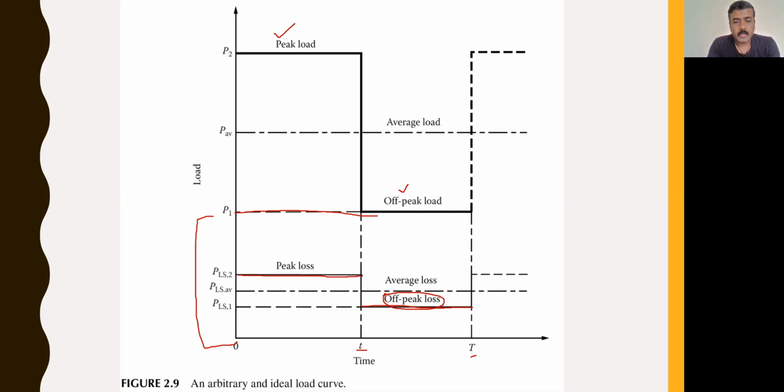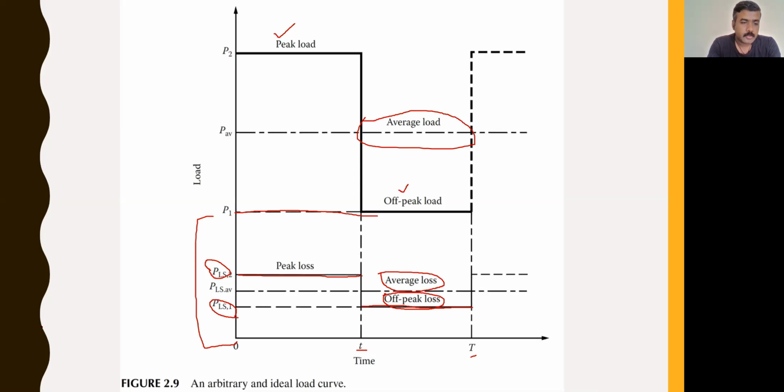Here the loss at off peak load P1 we consider as PLS1, that is the loss at off peak load, and the loss at peak load is PLS2, at peak load P2. For these two considerations, P1 and P2, you get the average load, and between peak loss and off peak loss, we consider this as the average loss.